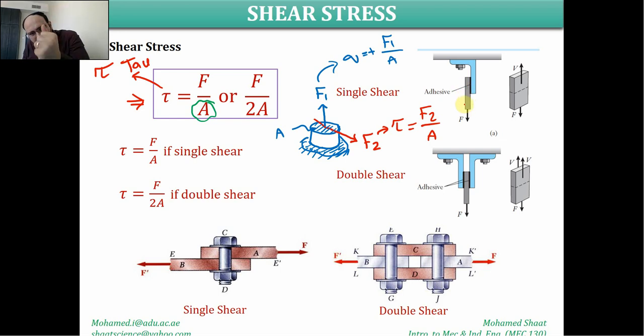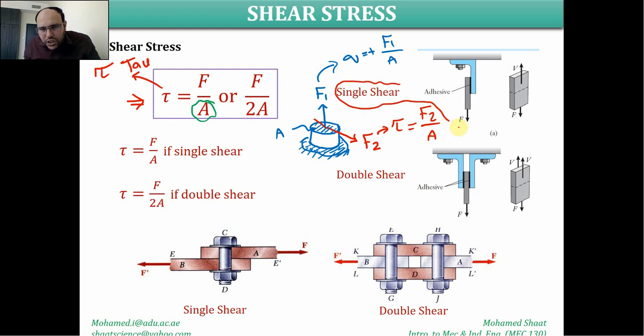It will be entirely moved down, cutting this adhesion or this adhesive material that is already used for holding or joining these two pieces or parts together. So this is a kind of shear stress, but this shear stress is known as single shear.